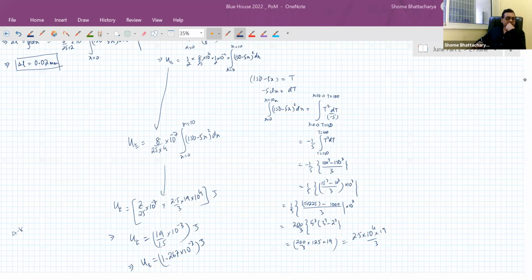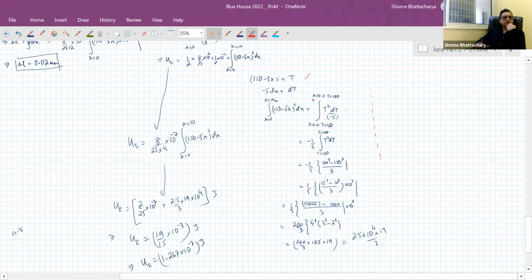The last part is just integration. Jagannath, this whole part is integration by substitution. So just follow the steps in this integration. I have substituted 150 minus 5x as t. So this integration becomes this. Dx becomes dt by 5, and accordingly you have to adjust the limits also. Instead of x equal to 0, the value of t at x equal to 0 is 150.